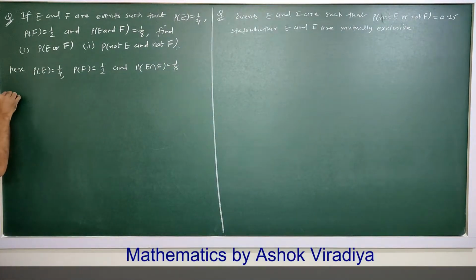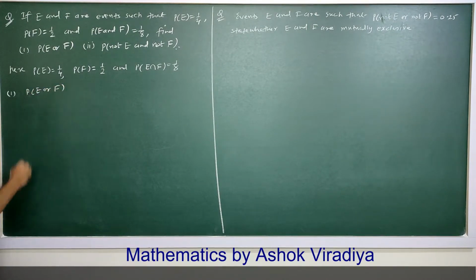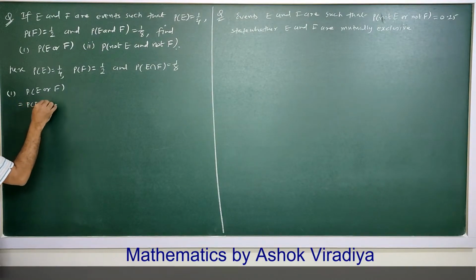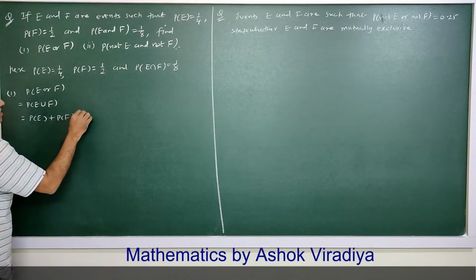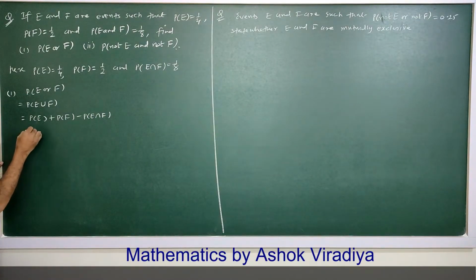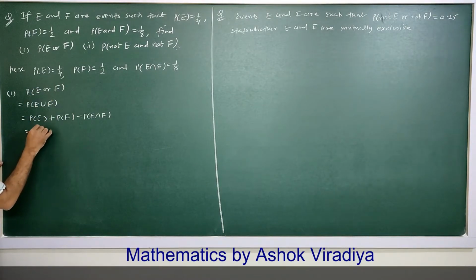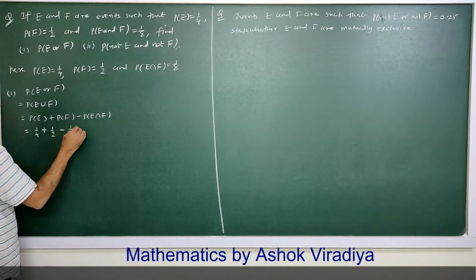We want the probability of E or F, that means probability of E union F. Now probability of E union F is P of E plus P of F minus P of E intersection F. So putting values, P of E is given 1 by 4, P of F is 1 by 2, P of E intersection F is 1 by 8.